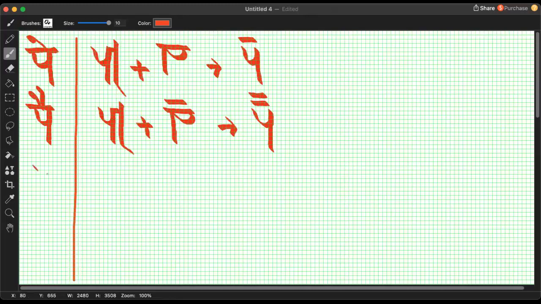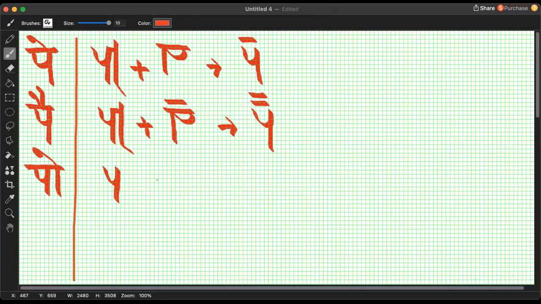Next we have po. This is Devanagari po. You first write po alphabet. This is the root.